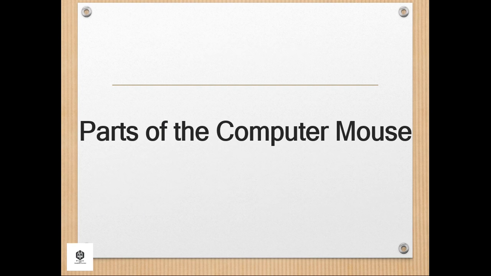Now, let us proceed to the parts of the computer mouse. There are various parts of a computer mouse. A mouse is a handheld device that lets you point to objects on the screen, click them, and move them. Take a look at the sample photos on the next slides to learn the different parts of a typical mouse.